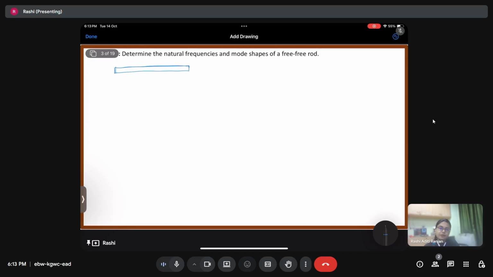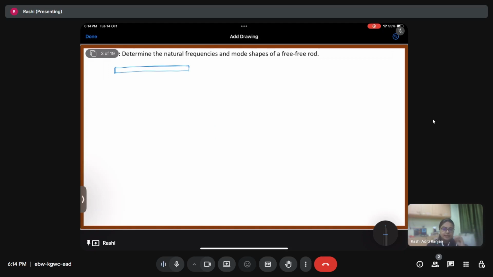That's it. It's a free rod. It is not constrained from any of the ends. So we need to find out the natural frequencies of this rod. Now, in order to find out its natural frequency, we are definitely modeling it as a continuous system. Okay, sorry. So since the ends are free, right? The ends are what? Free.